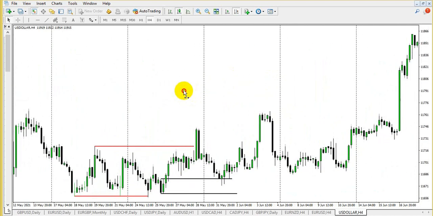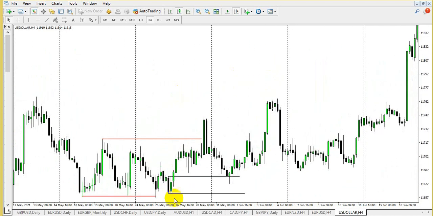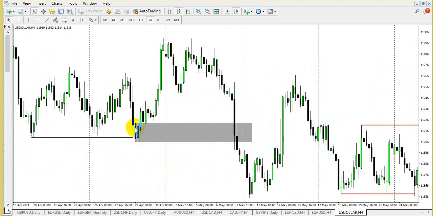So, concerning this, like I said previously, I expect a liquidity grab to be by one candle or two maximum. I actually prefer liquidity grabs to be taken by wicks.